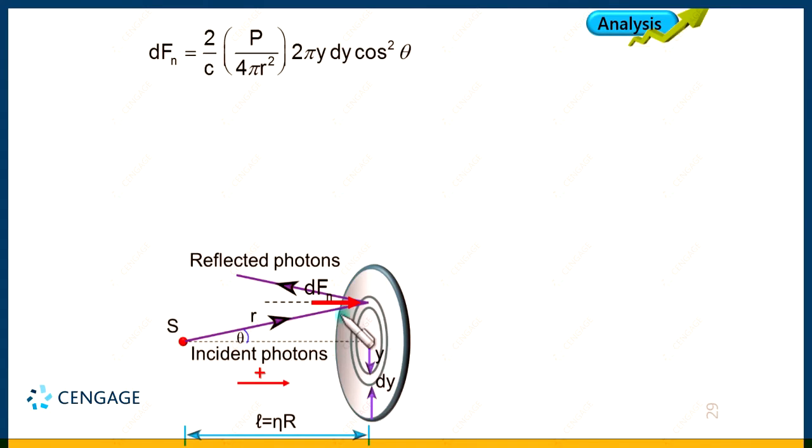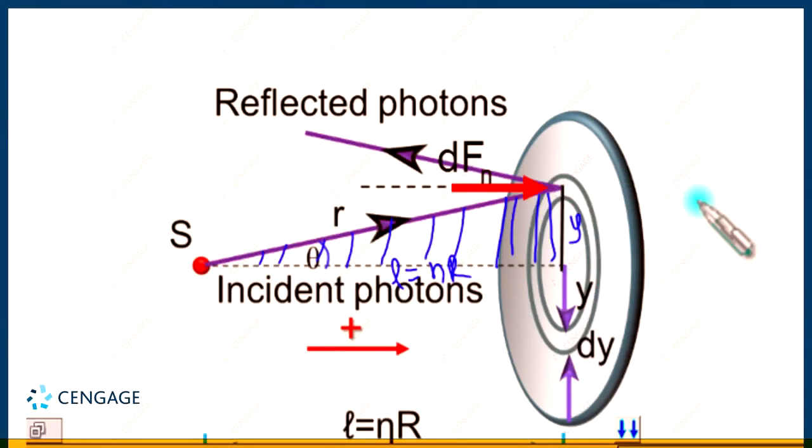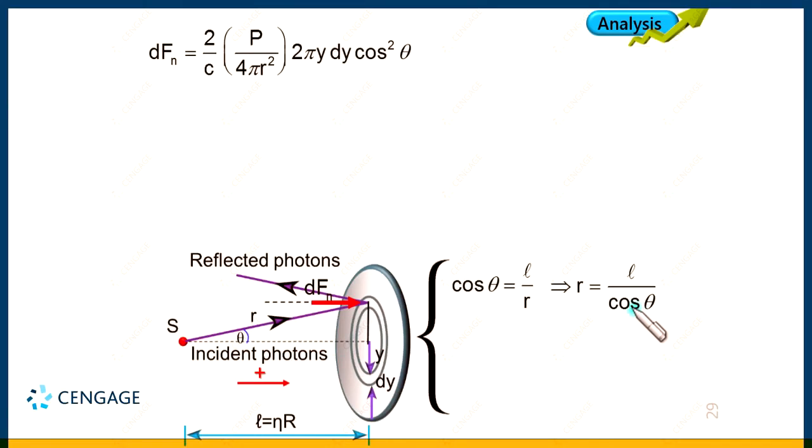So, you can observe this is a right angle triangle, and in this right angle triangle this value is y and this is L. That means we can write cos theta equal to L divided by r, so r equal to L divided by cos theta.